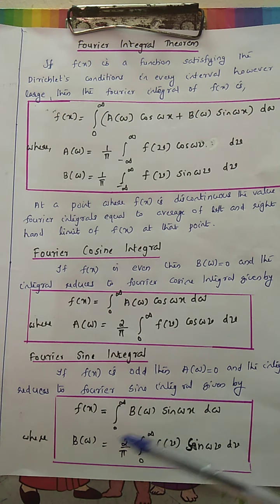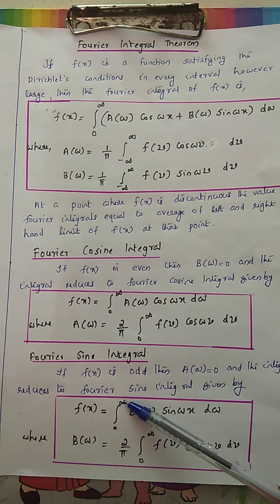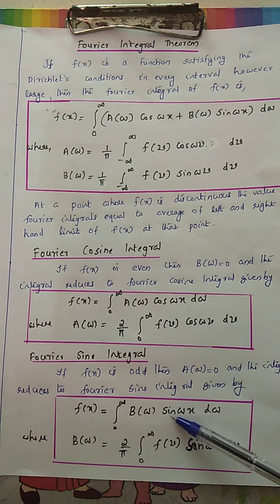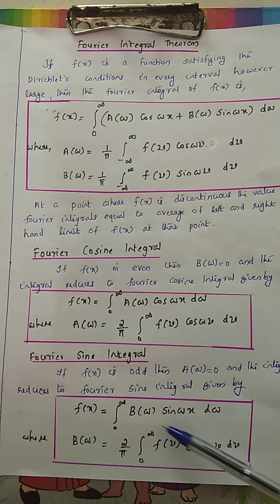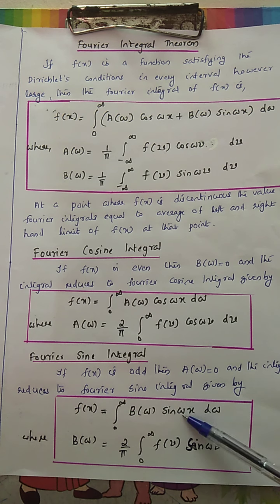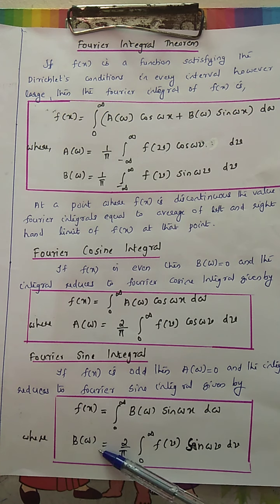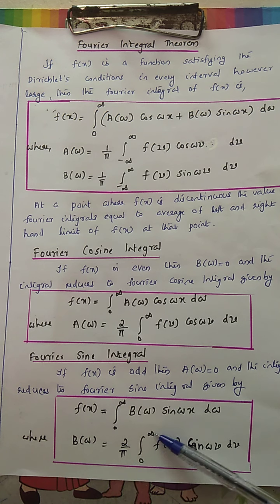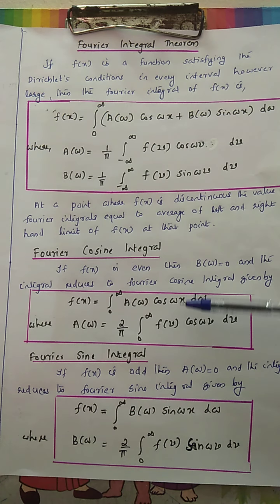We have f of x equal to integral 0 to infinity b of omega sin omega x d omega, where b of omega is 2 by pi integral 0 to infinity f of nu sin omega nu d nu. So you have 3 sets of formulas: Fourier integral, Fourier cosine integral and Fourier sine integral. Learn these 3 sets of formulas by heart, and we will do problems to represent a function as a Fourier integral, cosine integral or sine integral.